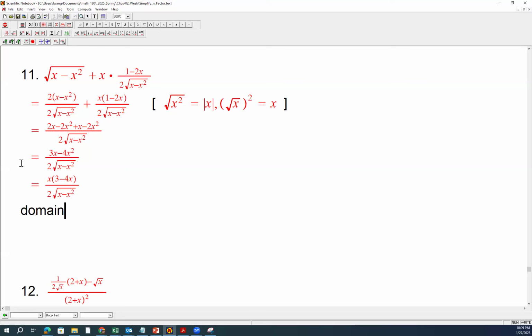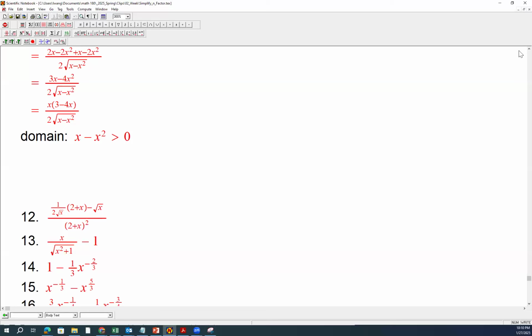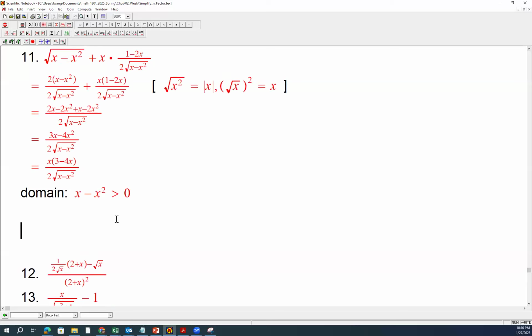In terms of the domain, to find the domain, we need to set this piece to be greater than 0. It cannot be equal to 0 because it's in a denominator. So we're going to solve this inequality. How do we solve this inequality in order to determine the domain?